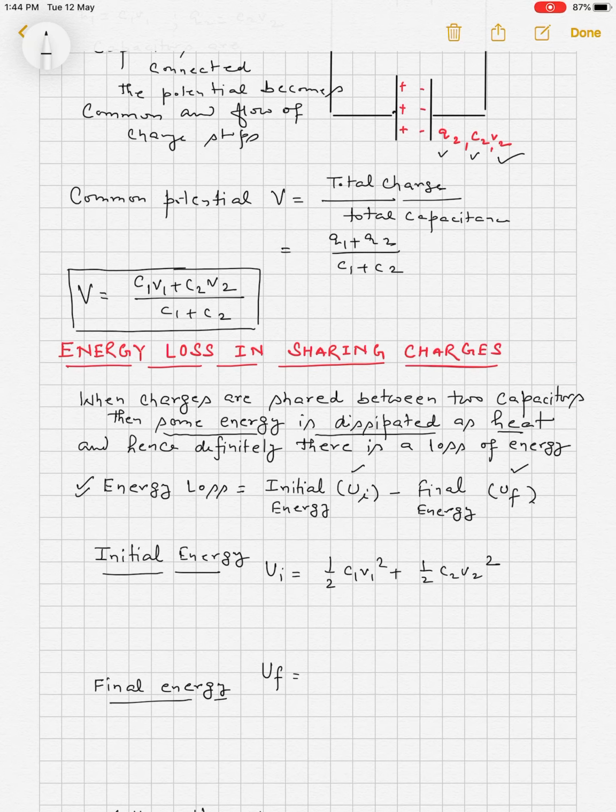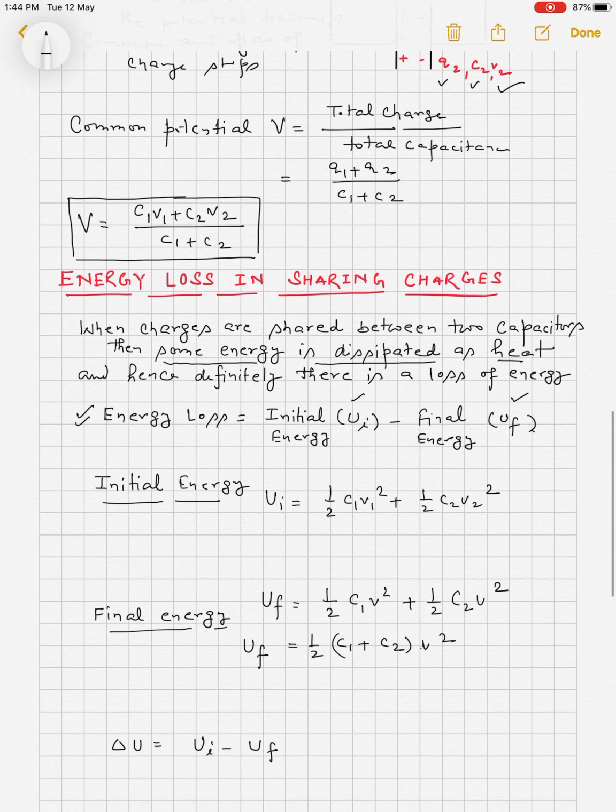So Uf is equal to half C1. Now finally every capacitor will be at the same potential. So half C1 V square, not V1 square but V square, and the second is half C2 V square. So V square is common. So we have half (C1 plus C2) V square. This is the relation for Uf.